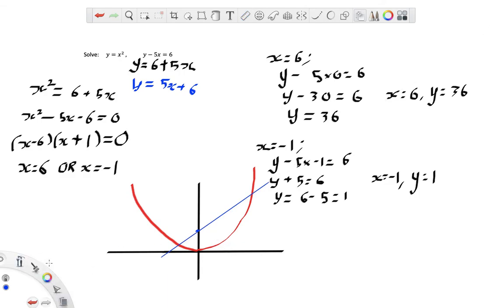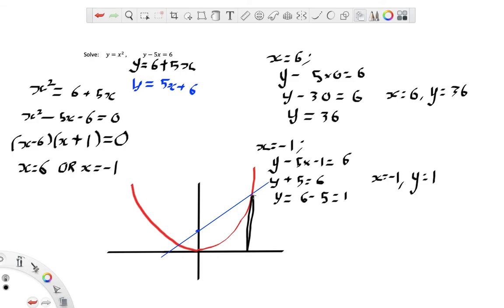Okay, so what do our solutions mean? Well, when we solve normal quadratic equations, it's the point of intersection. So it would seem logical that it's also the point of intersection here, and it is. So just from our sketch we can see that we've got a point of intersection here.